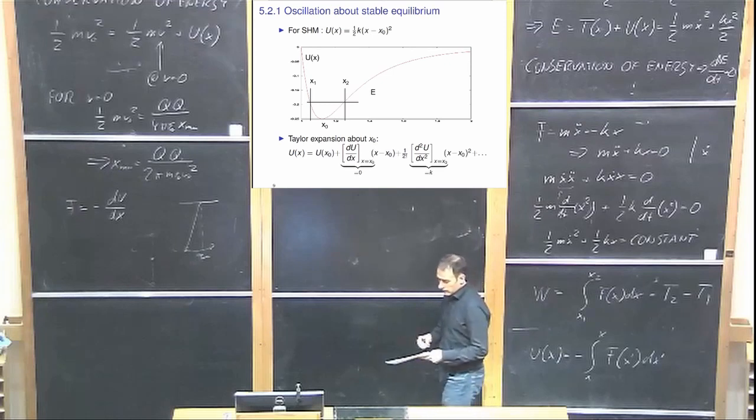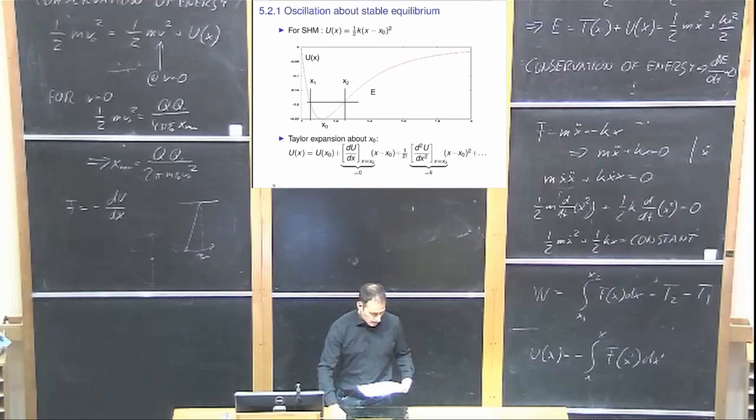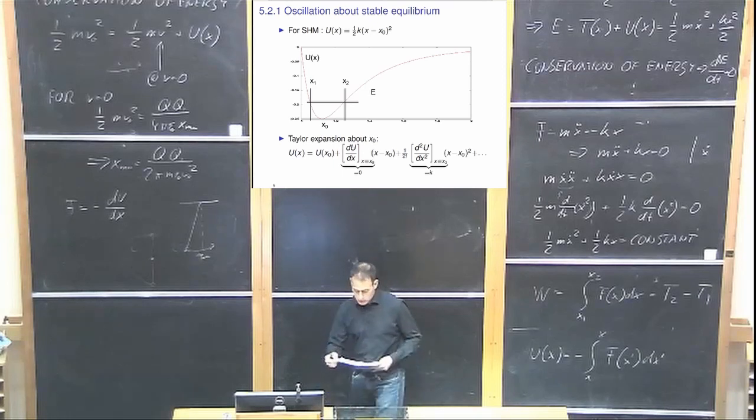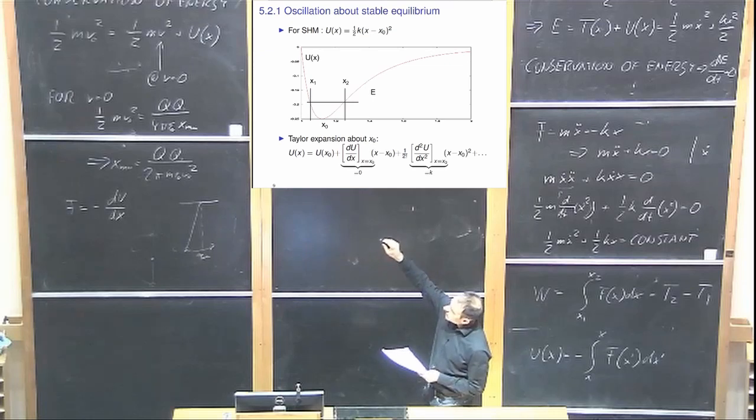Now, for the rest of the lecture, a little bit more complicated examples. What we've shown here is a potential curve in a crystal. For a single harmonic oscillator, which we've had, U(x) equals 1/2 k (x minus x naught) squared.